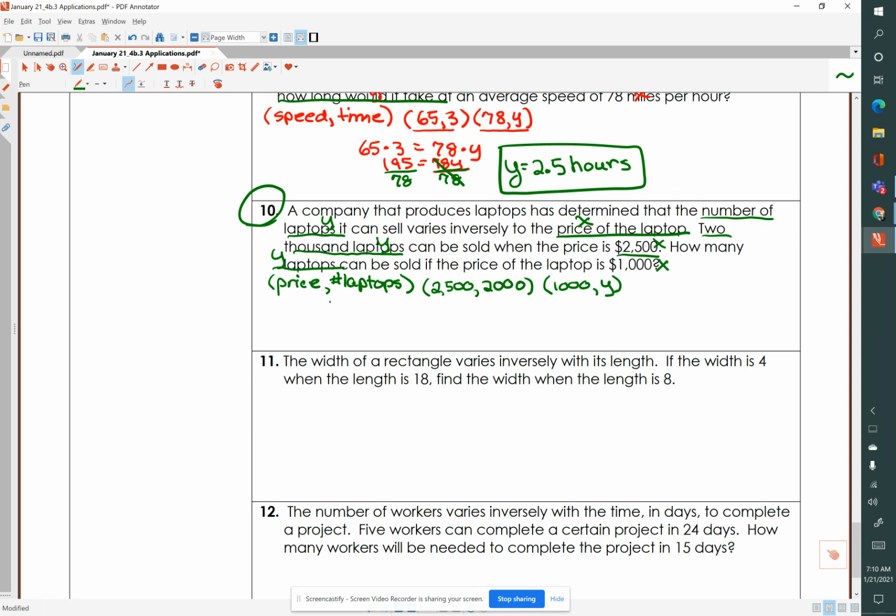So let's solve this problem. We have 2,500 times 2,000 equals 1,000 times y. So 2,500 times 2,000 equals 5 million, and 1,000 times y equals 1,000y.